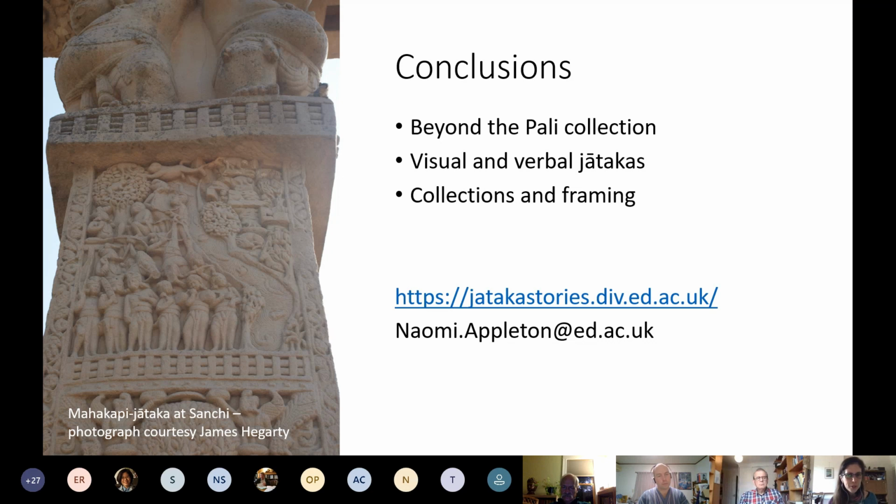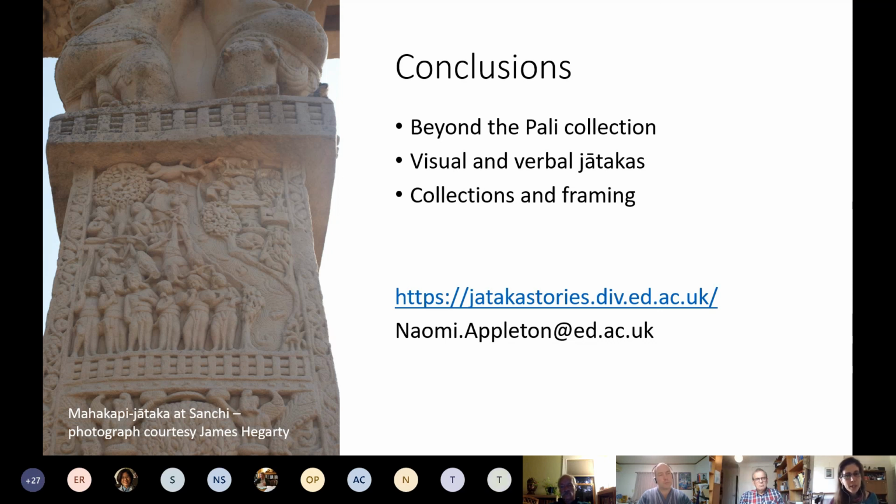It's not about stories, it's about the Buddha and what makes him a Buddha, and what connects him to other people. And that speaks to a big debate around the distinction between Jatakas and Avadanas or Apadanas, and also to some fascinating questions around the importance of other characters in these stories.